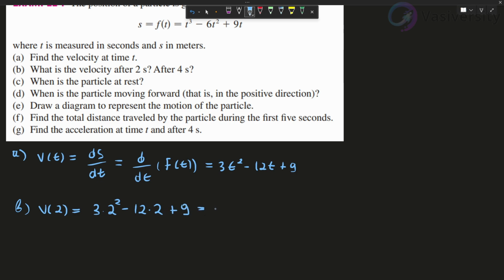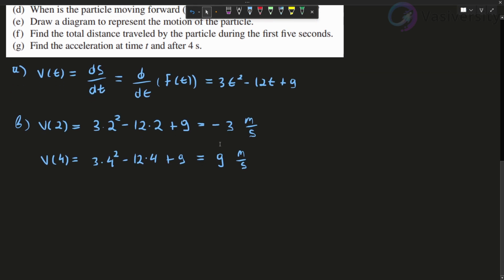If we evaluate, we're going to get negative 3 meters per second. And then at 4 seconds, v of 4, we're going to have 3 times 4 squared minus 12 times 4 plus 9, which will be equal to 9 meters per second.